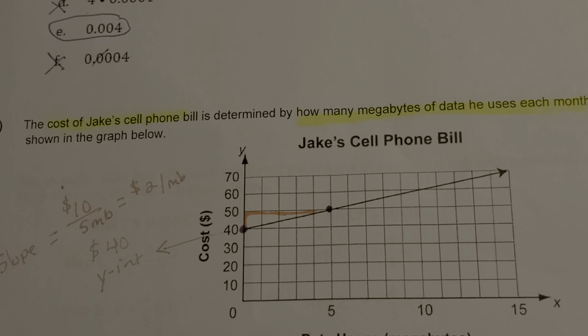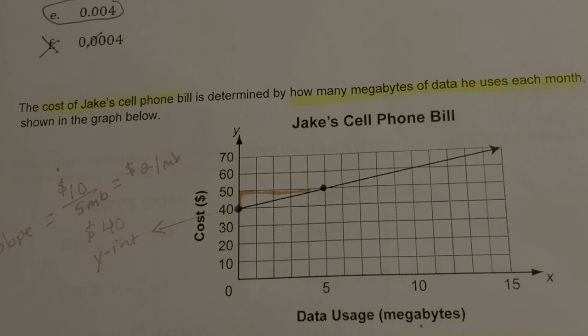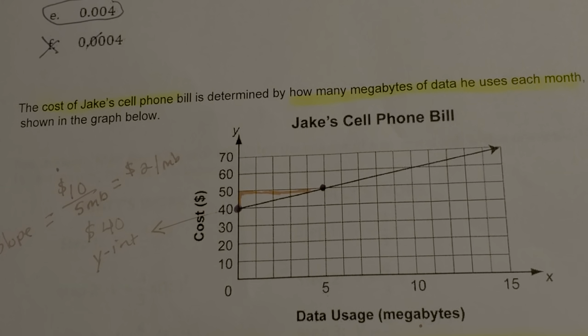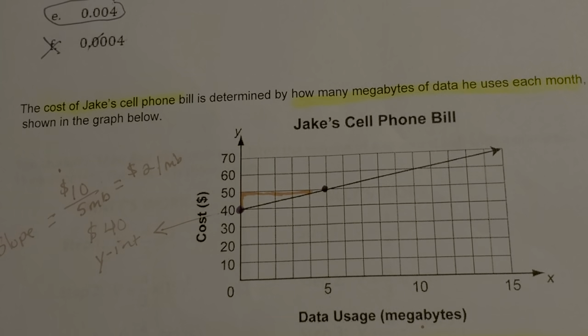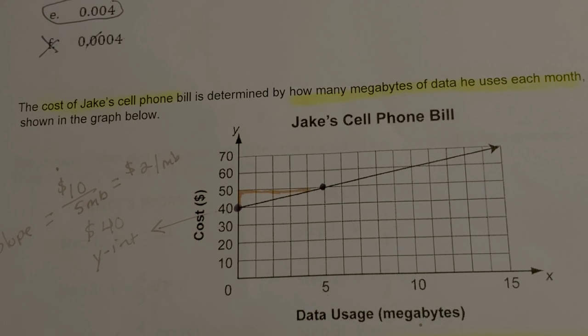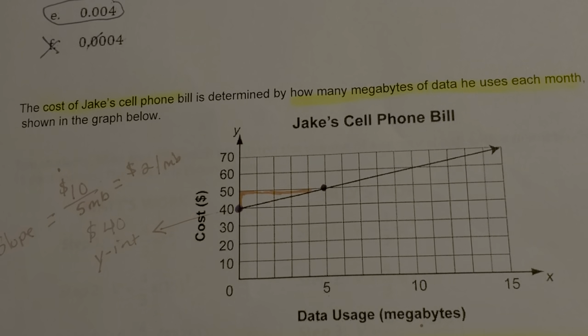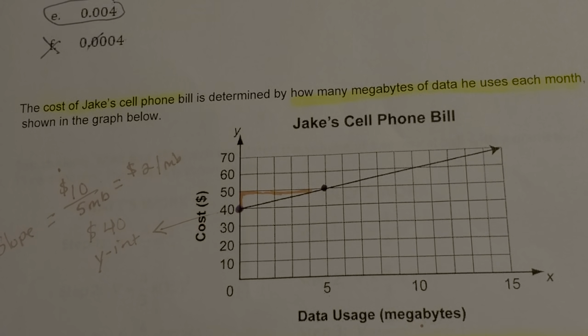So if I'm looking at the equations, the one that has the slope of 2 and the y-intercept of 40 is what I'm looking for. This has a y-intercept of 40, but not a slope of 2. This one has a slope of 2 and a y-intercept of 40, so this must be my equation. This has a slope of 40 and a y-intercept of 1/2. That's not what we were looking for.